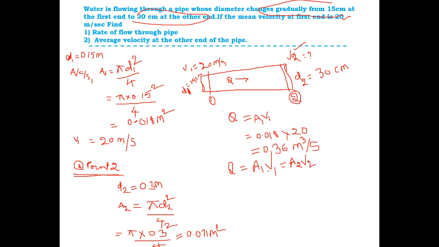Clear? This is as per continuity equation, the discharge. With the help of the discharge at 1, you can find out the velocity at point 2.